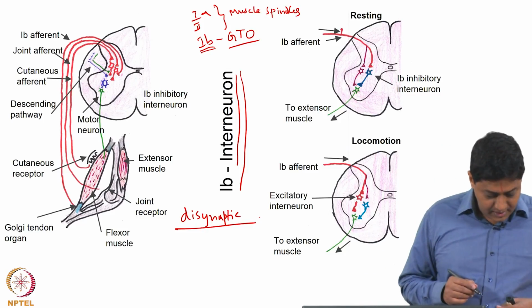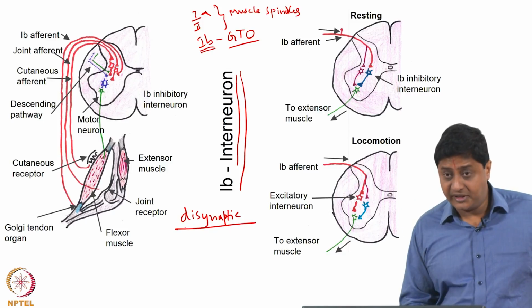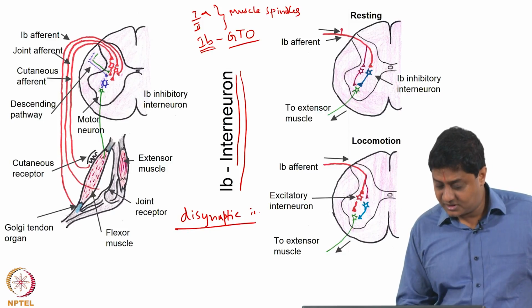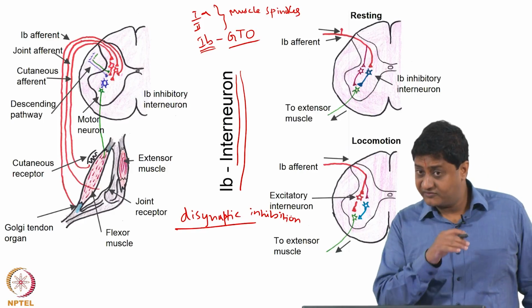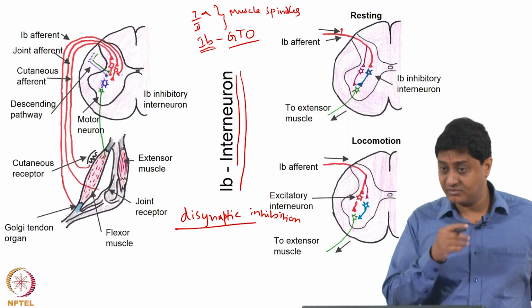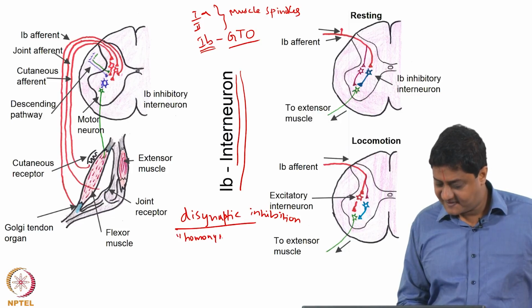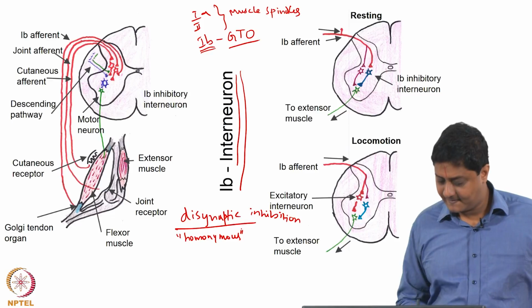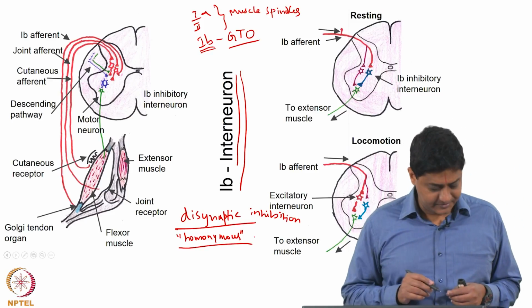So, this disynaptic pathway is inhibiting which muscle? Not the opposite muscle. Inhibition of the opposite muscle is performed by the 1A system. Inhibition of the same muscle is homonymous, the same muscle is inhibited.